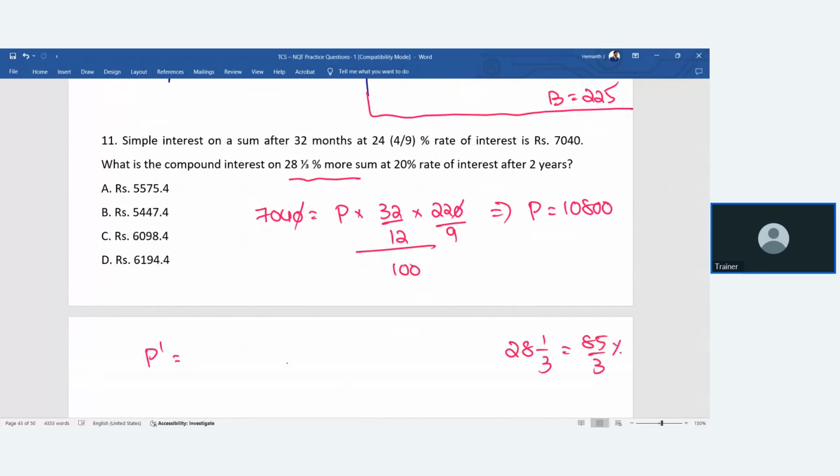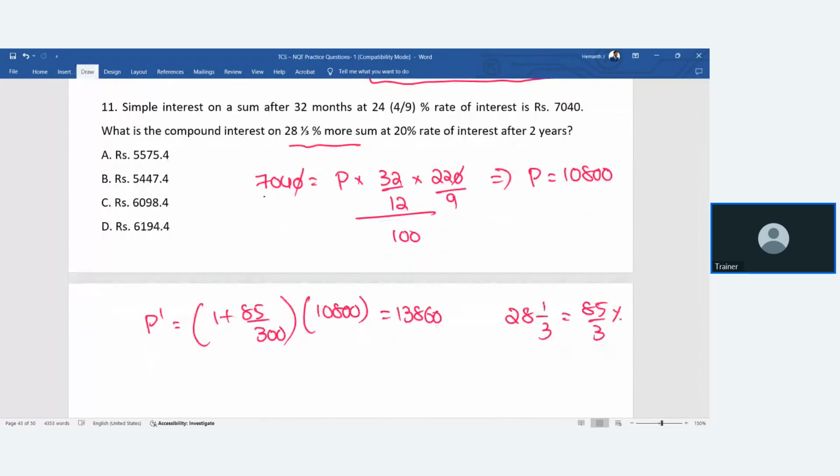Means 1 plus 85 divided by 300. 1 plus 85 divided by 300 into 10,800. 85 divided by 300 plus 1 into 10,800 will give 13,860. This is the new principal. For this new principal, what is the compound interest after 2 years?